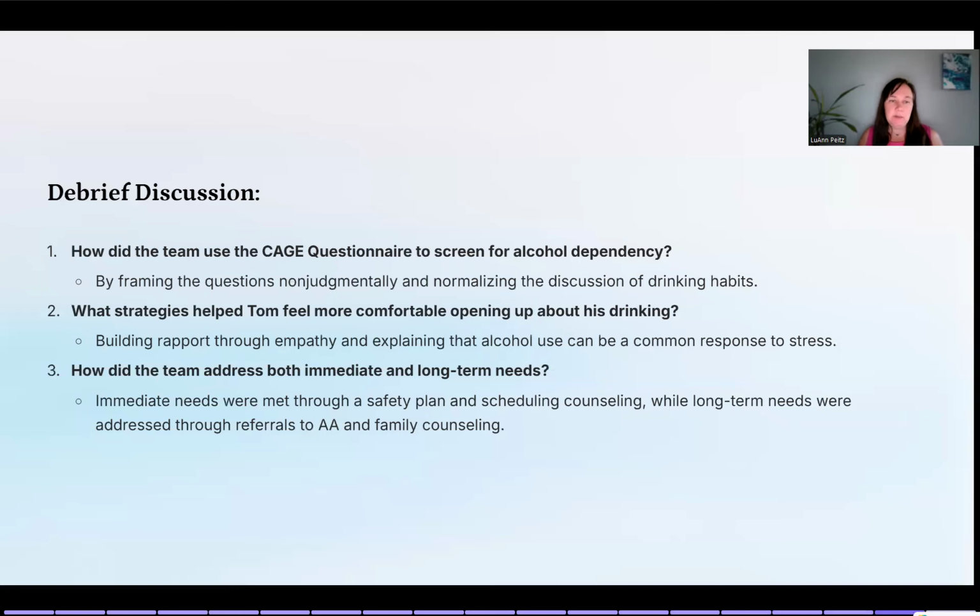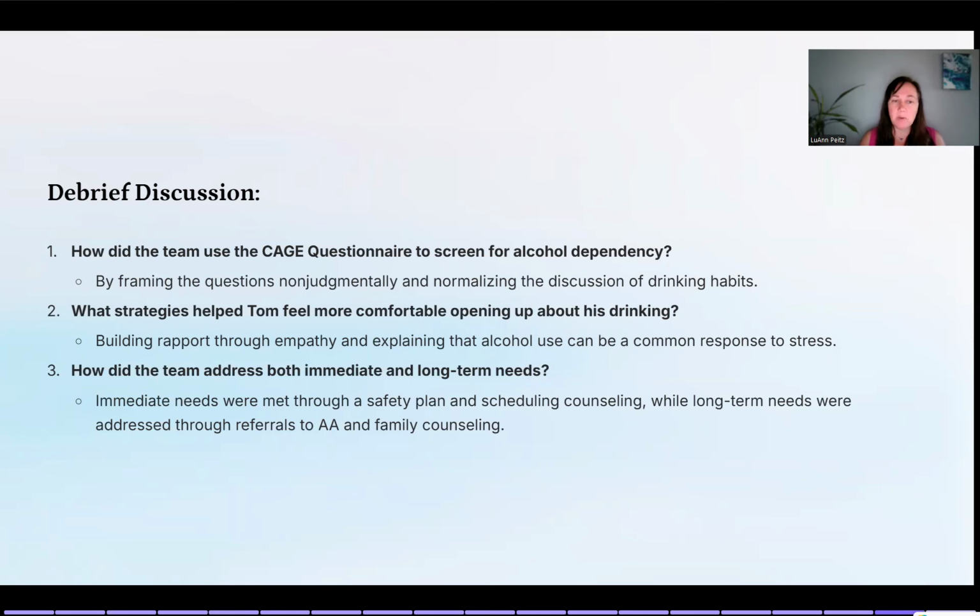So, how did the team use the CAGE questionnaire to screen for alcohol dependency? Well, they framed the questions non-judgmentally, which is very important, and normalized the discussion of drinking habits. So this really takes the stigma and shame away when you do this, the non-judgment and normalizing. What strategies helped Tom feel more comfortable opening up about his drinking?